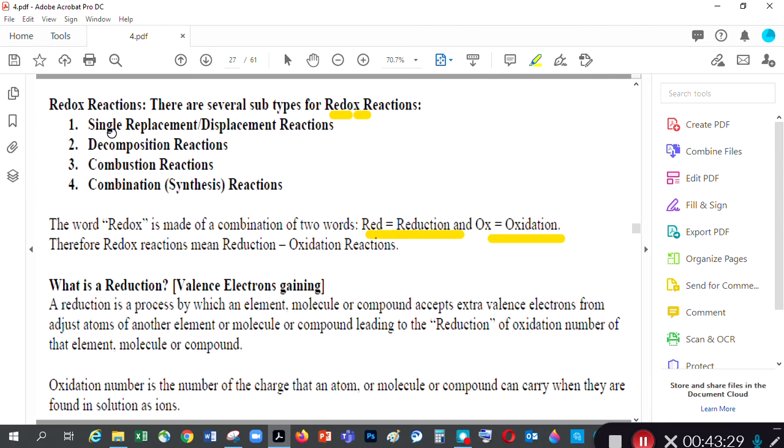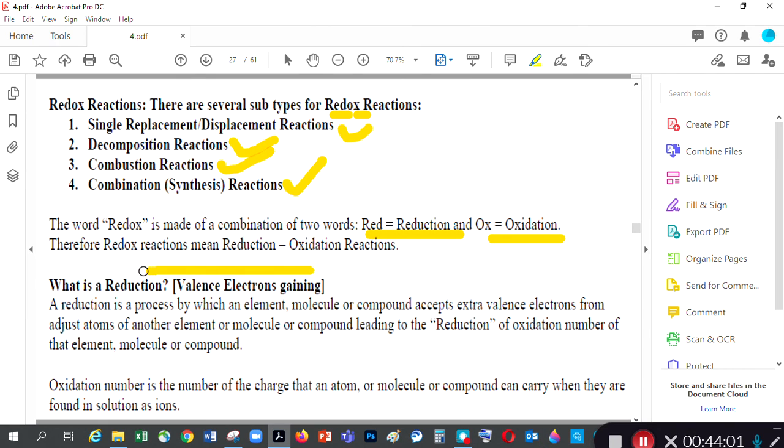The sub-reactions of those redox reactions can be single replacement or displacement, decomposition reaction, combustion reaction, combination, synthesis reaction. All those types, depending on the reaction, can be considered redox reaction. So redox means red, reduction, and ox means oxidation.